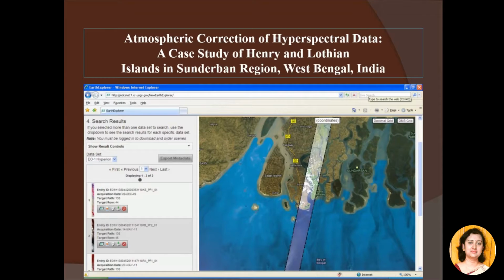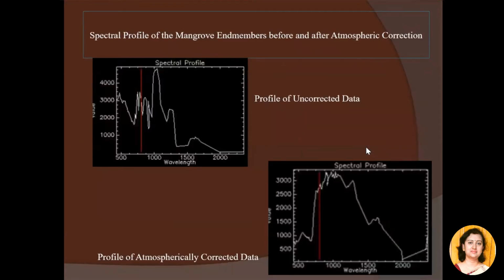So in this study, we will try and analyze the spectral signatures of uncorrected and corrected data, that is, the spectral profile of the mangrove end members after atmospheric correction. So this is what we will try to do.